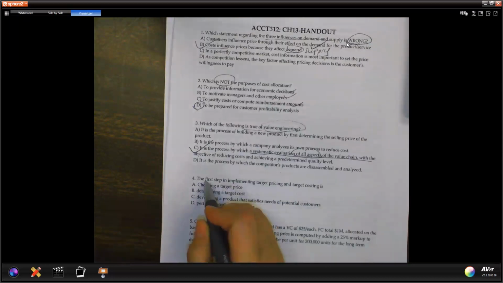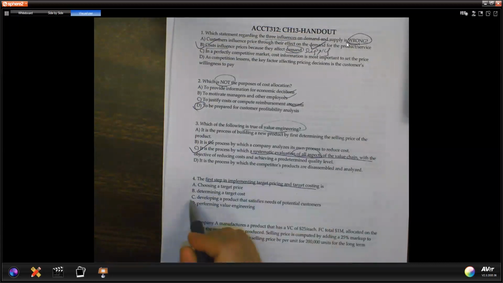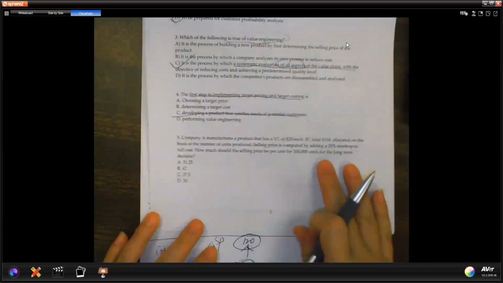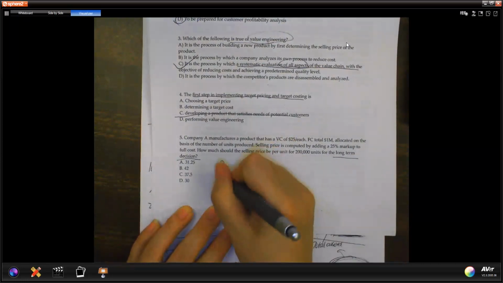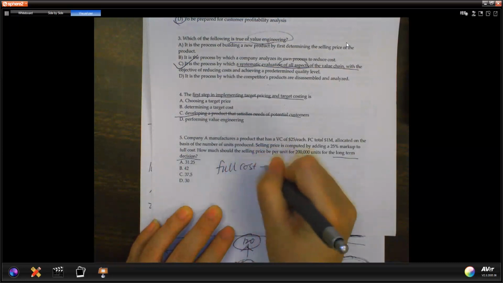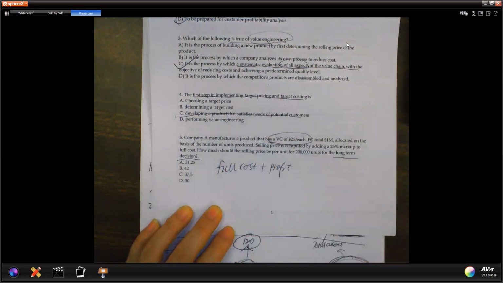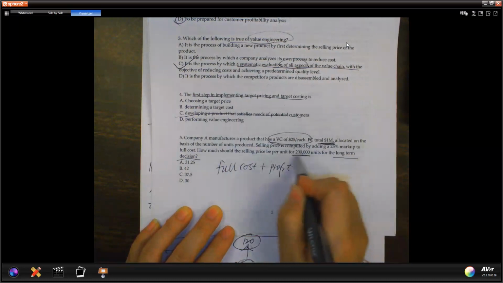The first step we said to do the target costing is that you have to have a product that will meet customers' requirements. So you want to have a product first. And then this one, I'm not going to really do the detail, but it asks you about long term. So we have to use the full cost plus the profit. So you have the variable cost, you have the fixed cost total, then you allocate there.